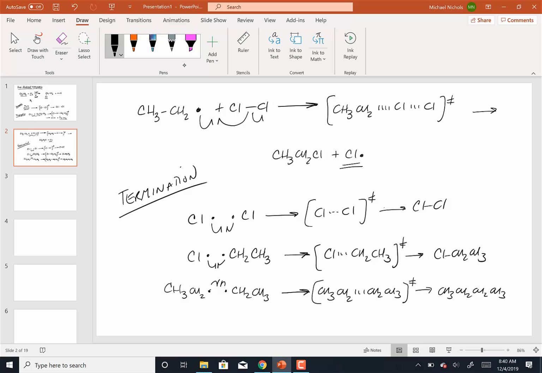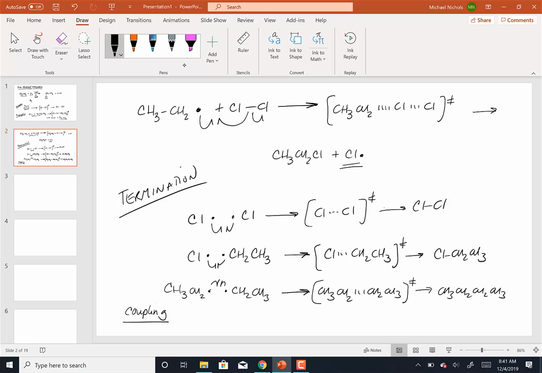If this was a new reaction we were studying and we wanted to find out what the mechanism was, and we proposed this last step, which is what's called coupling, whenever carbon radicals react together, that's called a coupling reaction, then in order to validate this mechanism, I would have to do this reaction and show that I made some butane.